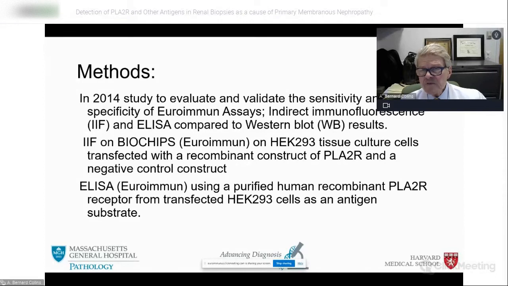The IF in the Euroimmune assay is performed on biochips. It has tissue culture cells, HEK293, that have been transfected with a recombinant construct of PLA2R and a negative control construct. And the ELISA uses a purified human recombinant PLA2R receptor from transfected HEK293 cells as the antigen substrate.